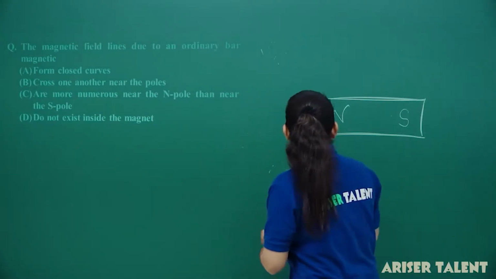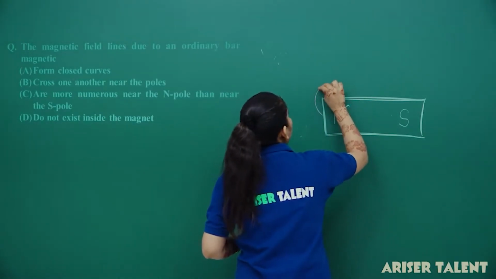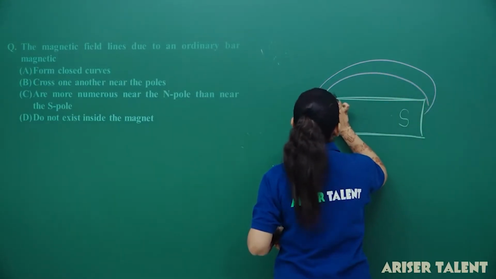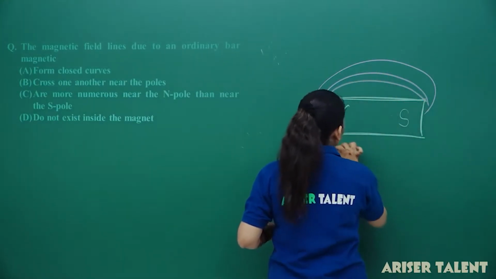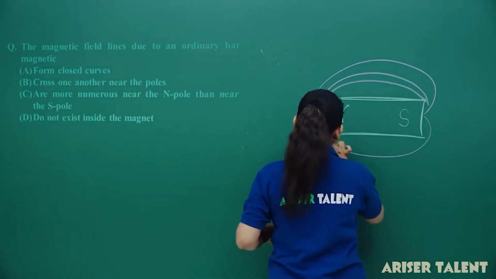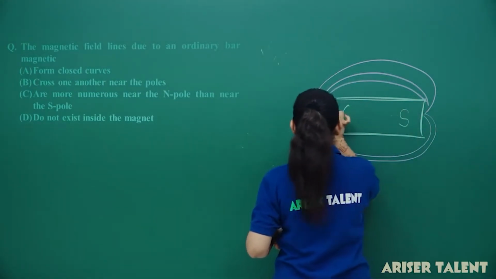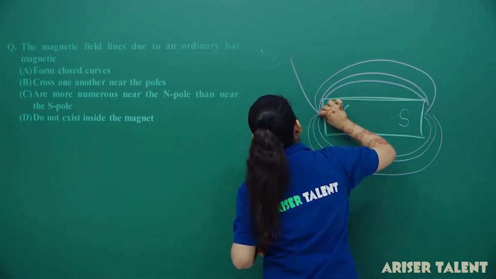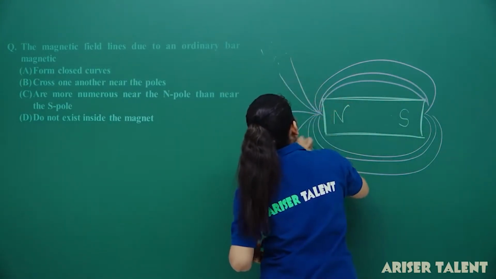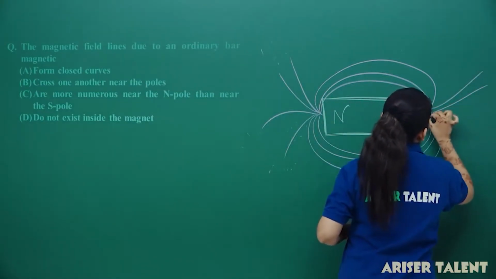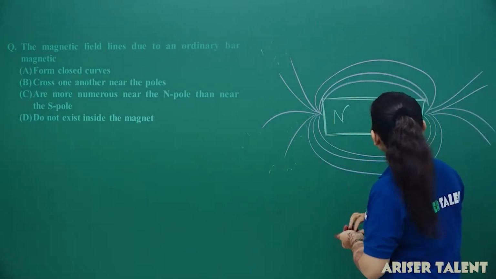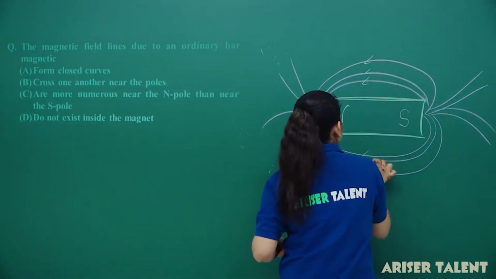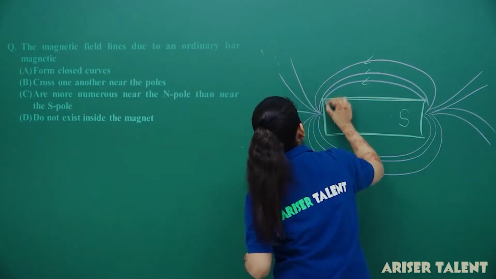So, if I draw the magnetic field lines in a bar magnet, this will be the magnetic field due to the bar magnet, and this will be the direction of the magnetic field lines.